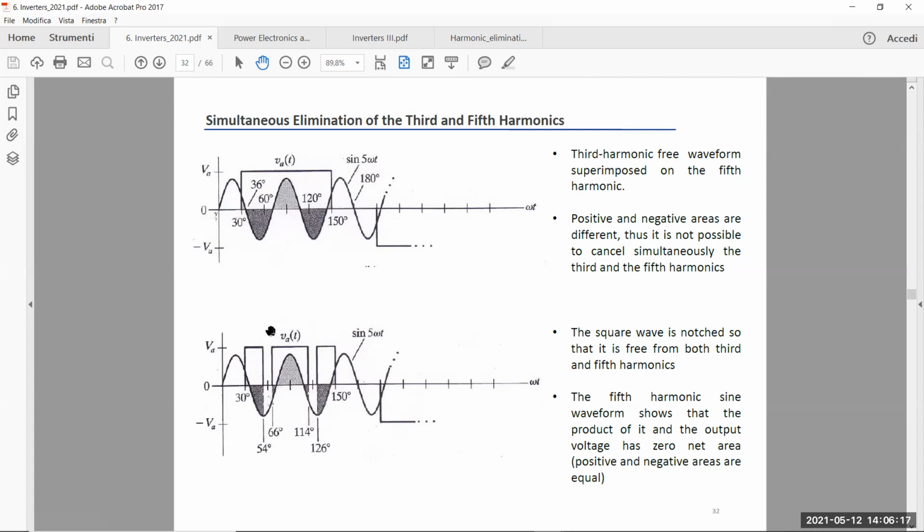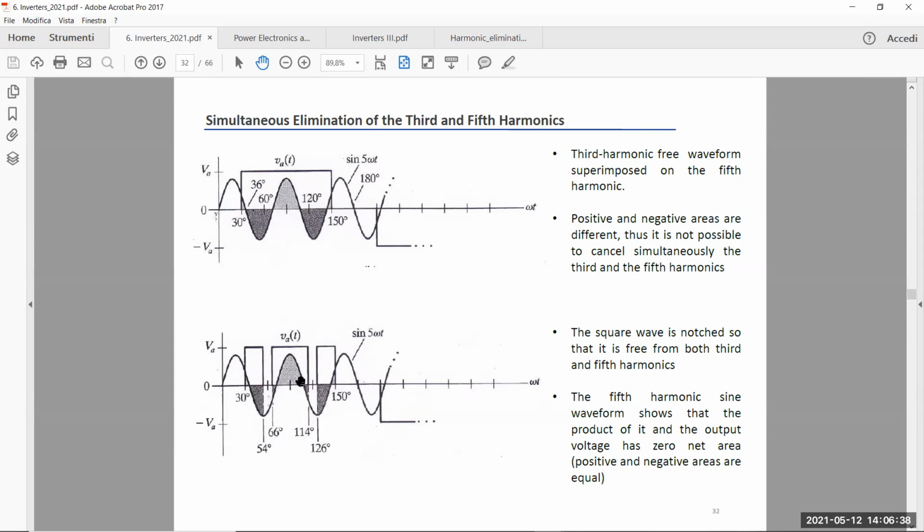For example, here these notches range from 54 degrees to 66 degrees, and another notch from 114 degrees to 126 degrees.